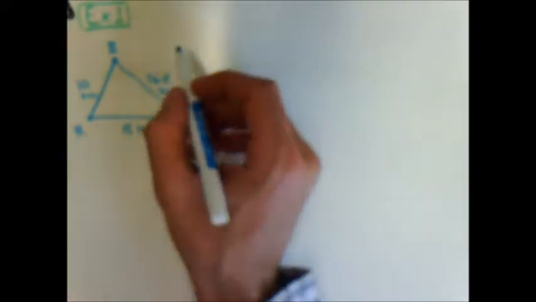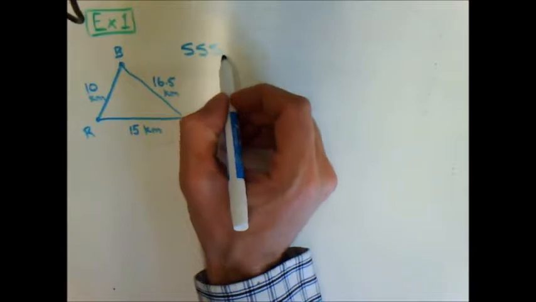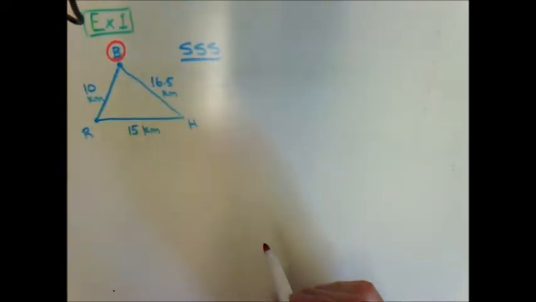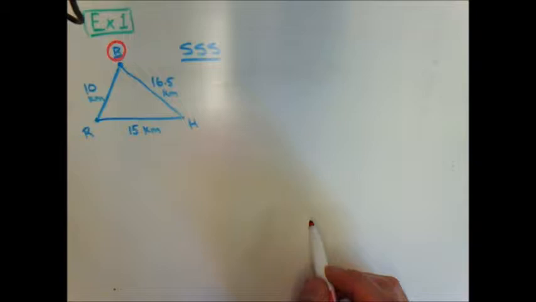So here we have an acute triangle. We've been given side, side, side, and we need to use our cosine law in order to solve for the angles. Which angles are we looking for? We're looking for the angle made at Brookside, and we want to find the angle between Rolling Meadows and Highcliffe.